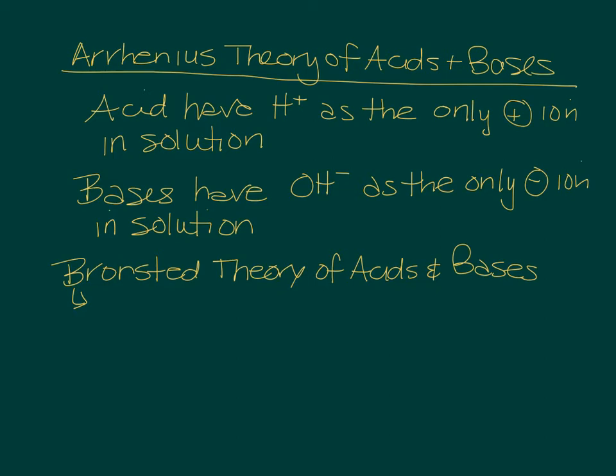Or according to Arrhenius theory, which ion is the only positive ion in solution? H plus. But they used to refer to the Bronsted theory as the Bronsted theory. For some reason, now they refer to it as the alternate theory, or sometimes it's just referred to as the other theory, which I don't understand, but I don't write the reagents.